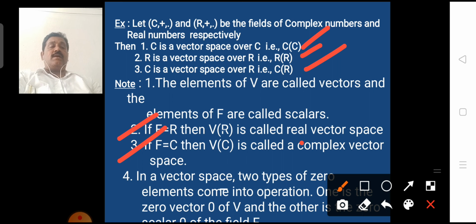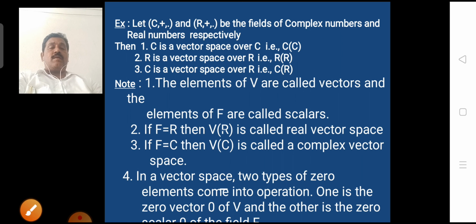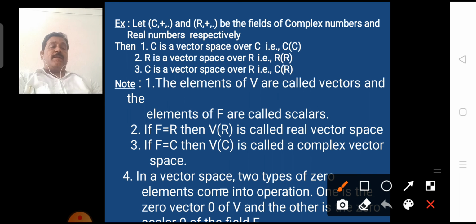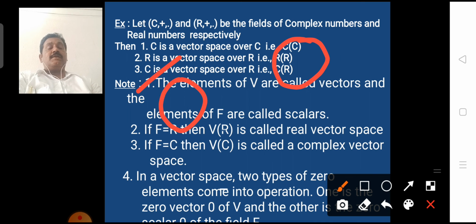And there are two types of zero elements involved in the vector space. One is 0 bar and the other is 0. 0 bar is the zero vector that belongs to vector space V, and the other is a zero scalar that belongs to field F.